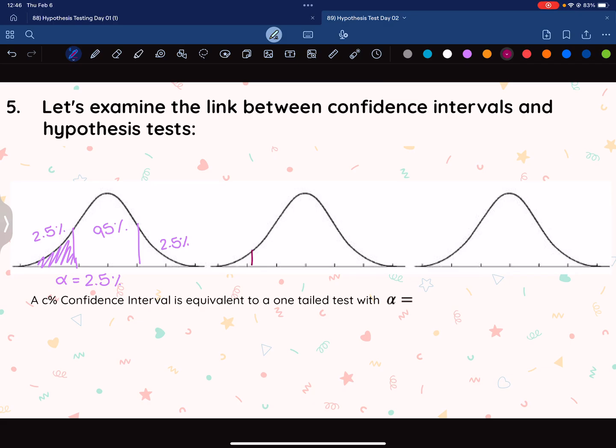Same thing, 98%. But the alpha is just that 1% or 0.01. So the part that changes here for my C is now whichever tail I shade, right? It's like this 1 minus C divided by 2 when it's a 1-tailed.